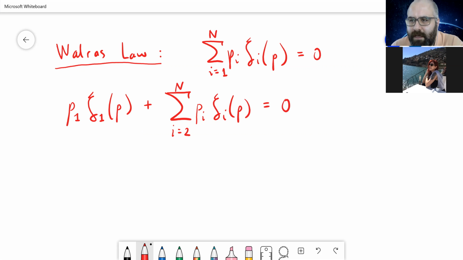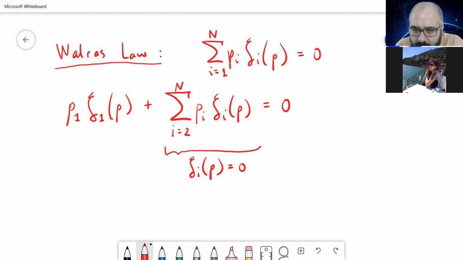These are the same two equations. So what do you see? If these markets are in equilibrium, which means, of course, excess demand is 0, then the last market will also be in equilibrium.